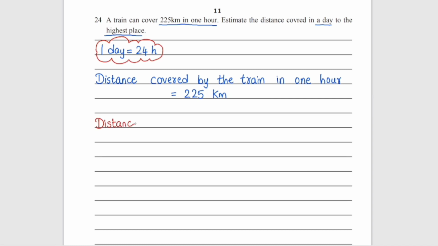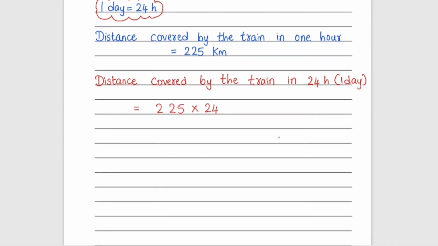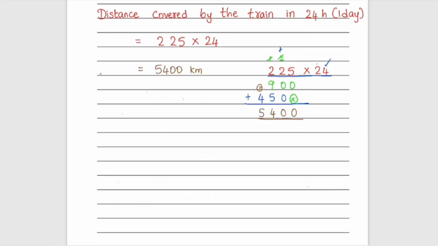So we need to multiply: distance covered by the train in 24 hours, that is 1 day, is equal to 225 multiplied with 24. So total distance is 5,400 kilometers.